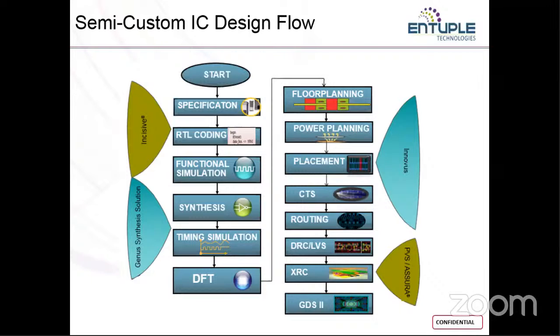You have written an RTL program, and it has to be translated into a block level design, or a logic level design, or a transistor level design, etc. For that translation, we use a tool called Genus synthesis solution, and for advanced technology nodes, you have a tool called Stratus.